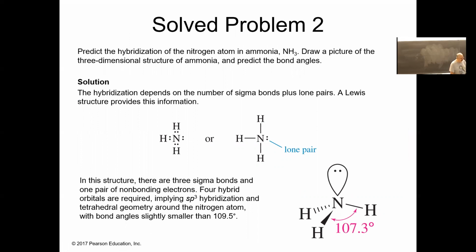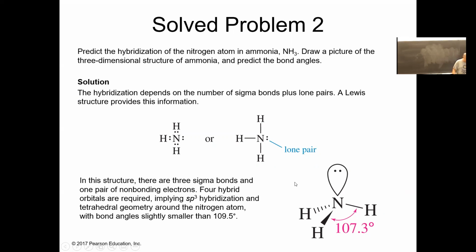Okay, so in ammonia, since nitrogen has a tetrahedral electron pair geometry, okay, it must be sp3.